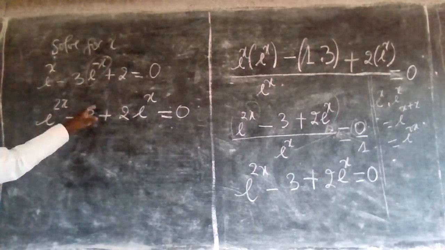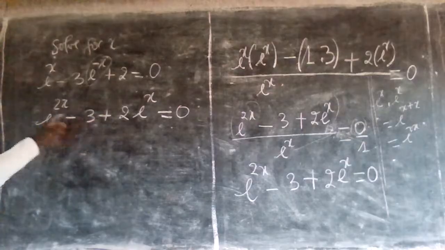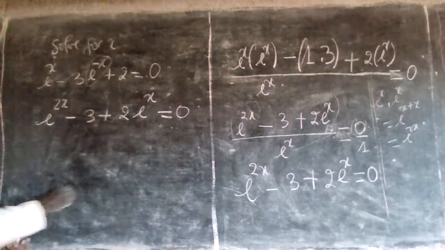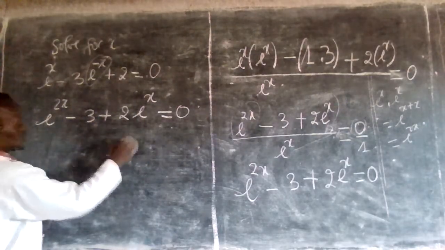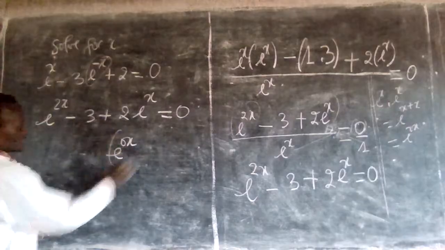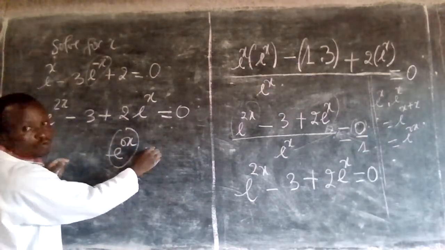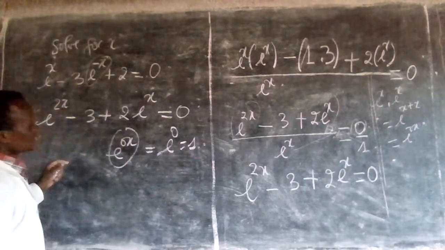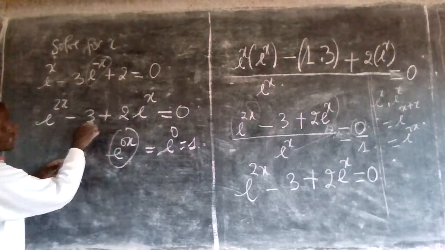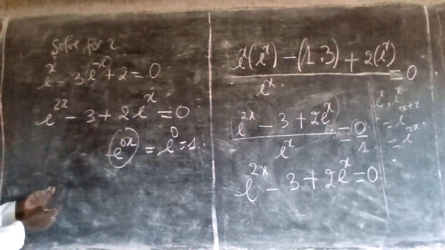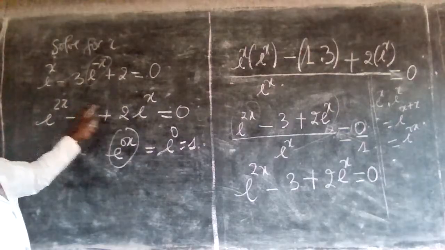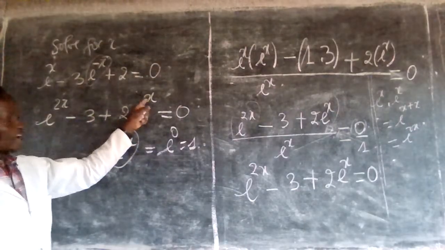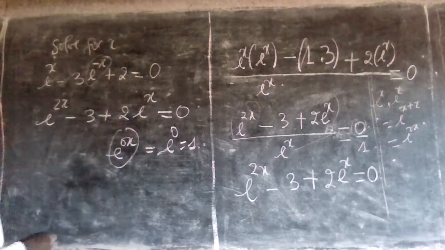And here we have e^(0x). It is this one, e^(0x), because e^(0x) is e^0, which is equal to 1. Yes? Now, 1 times this 3, remaining with 3. It is the smallest power, and here this is where we have power of 1.